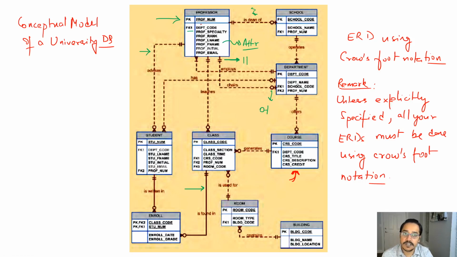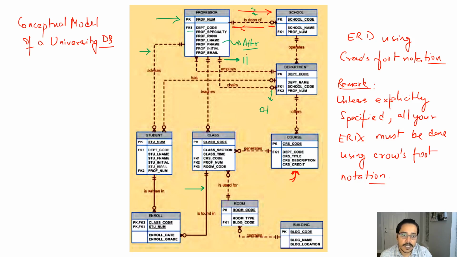Nobody else can be a dean of a school. So in the bidirectionality aspect of is dean of, the relationship label is dean of, in this direction, the participation is mandatory. But in this direction, the participation is optional. And as a result of that, this is what the crow's foot notation is representing accurately.